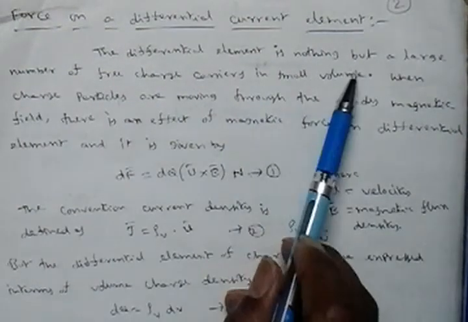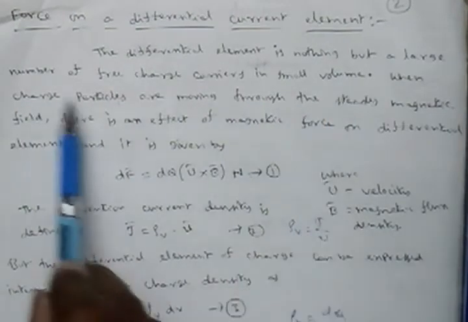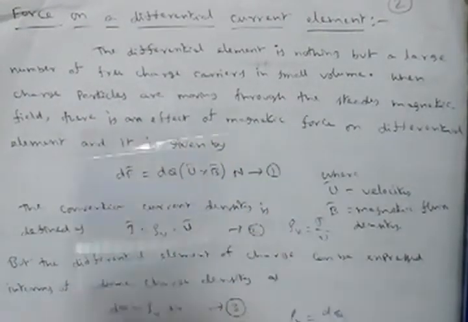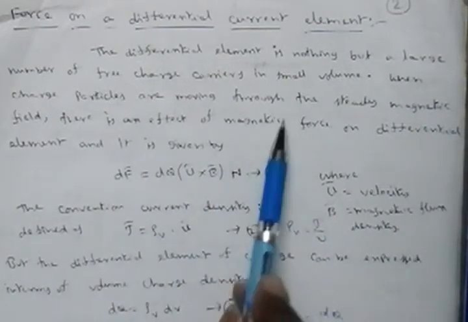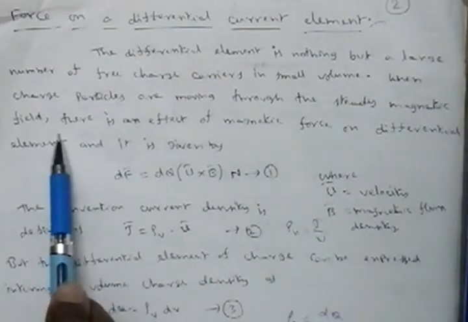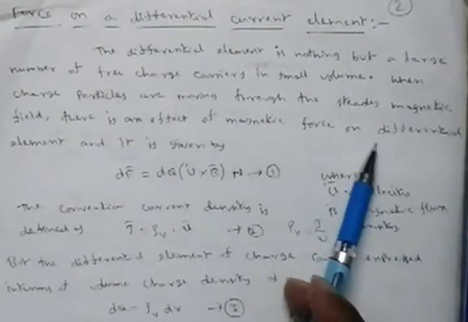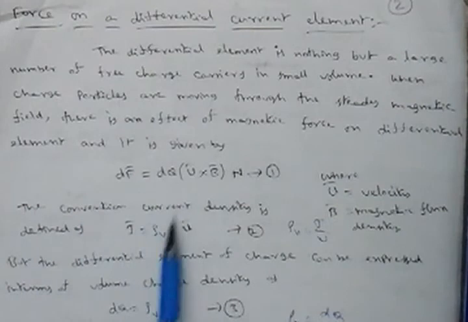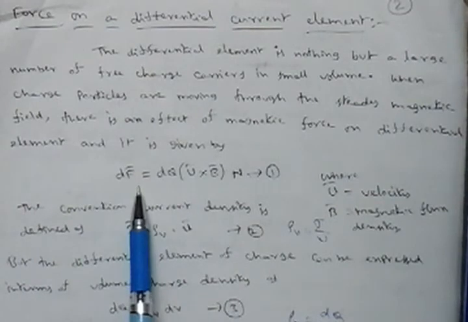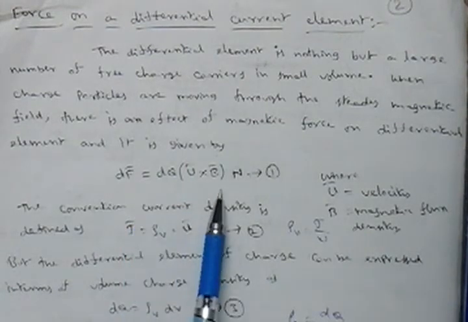A differential element is nothing but a large number of free charge carriers in a small volume. When charged particles move through a steady magnetic field, there will be a magnetic force on the differential element. As per the previous concept, the Lorentz force equation, F is equal to Q V bar cross B bar.